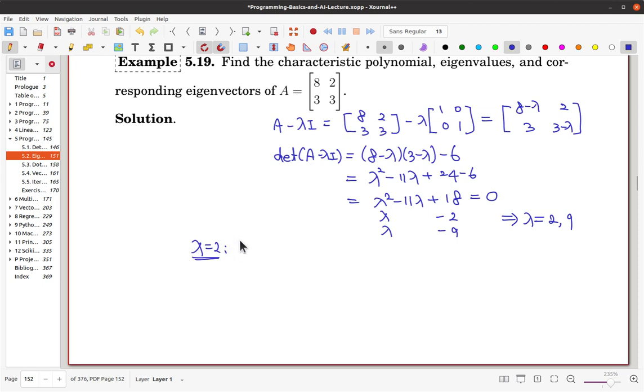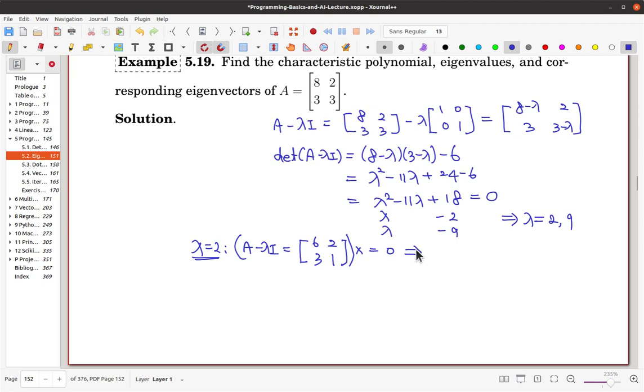When lambda is 2, A minus lambda I, we subtract 2 along the diagonal. That is now 6, 2, 3, and 1, right? So we have to solve A minus lambda I times x equals 0. So this homogeneous system must be solved.